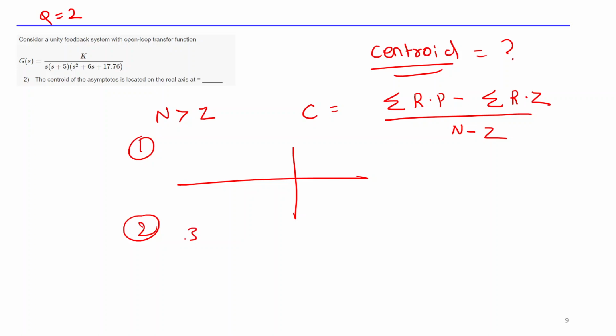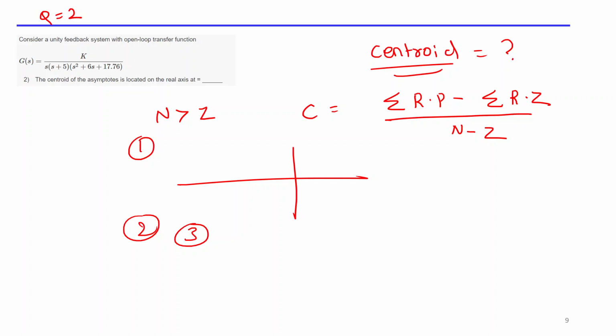Third point: does the centroid lie on the root locus diagram? I already told you which sections lie on the root locus. Can the centroid be in the root locus diagram, or can it be somewhere that is not part of it? It is part of the root locus, sir, because that is where asymptotes meet.